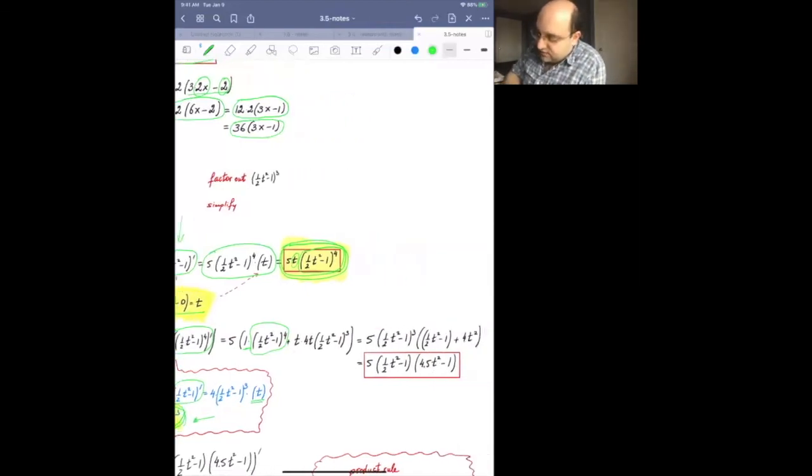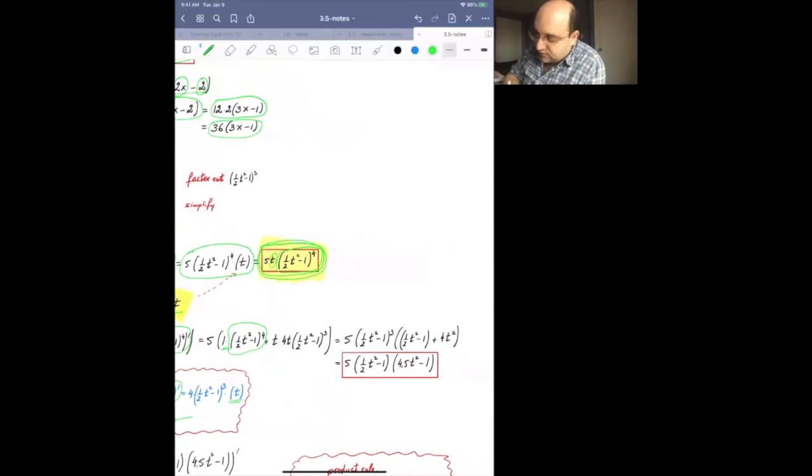If I simplify, I'm going to get 5 times. Now note that there is 1/2 t squared minus 1 to the power 3 here, and 1/2 t squared minus 1 to the power 4 there. So we can factor the 1/2 t squared minus 1 to the power 3 out. That's what I did here.